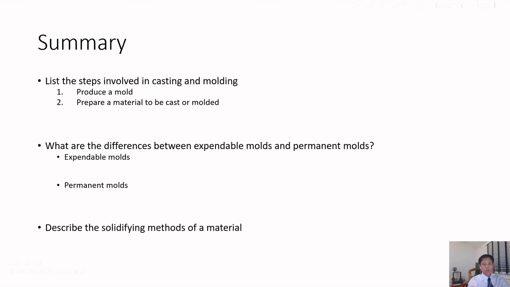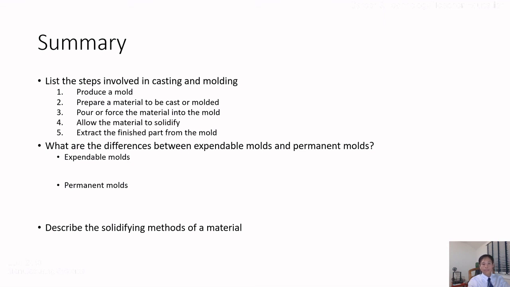Then prepare the material to be cast or molded, such as molten metal, iron, or plastic. Then pour or force the material into the mold, using a plunger or ram, then allow the material to solidify and extract the finished part from the mold. These are the steps.